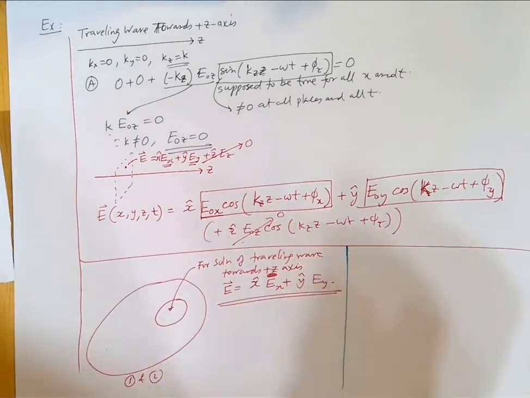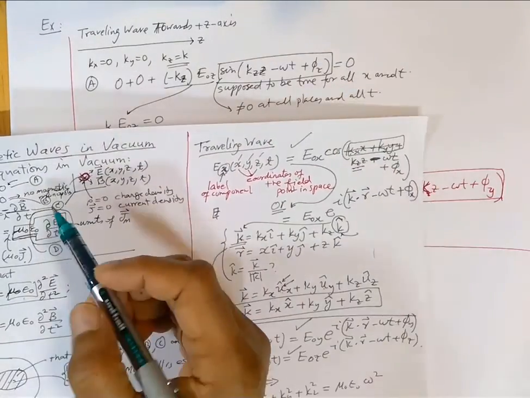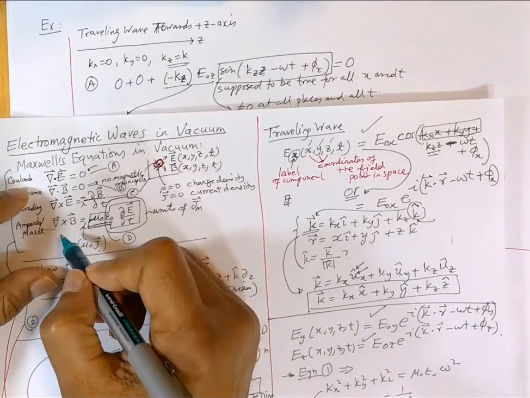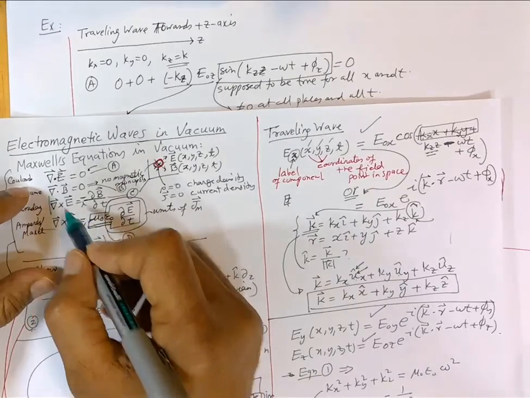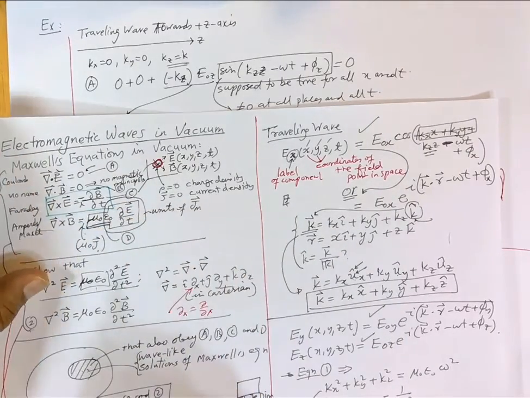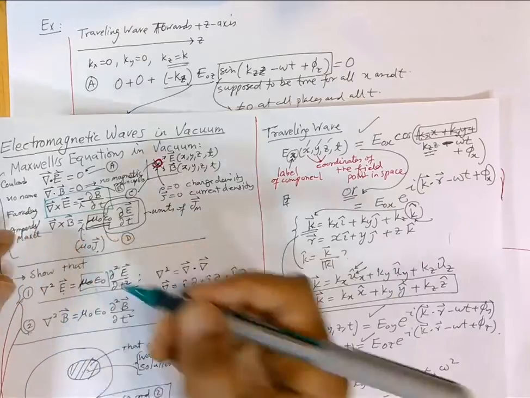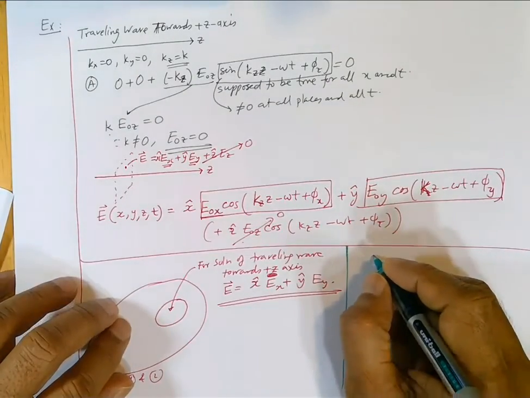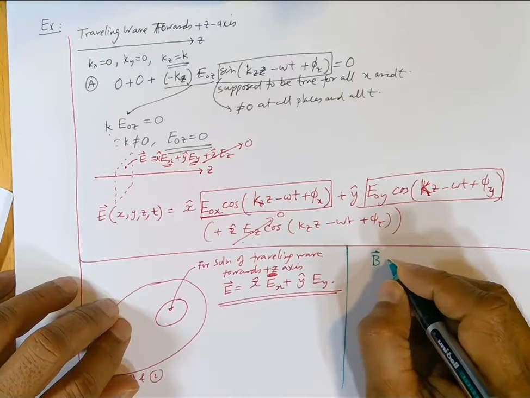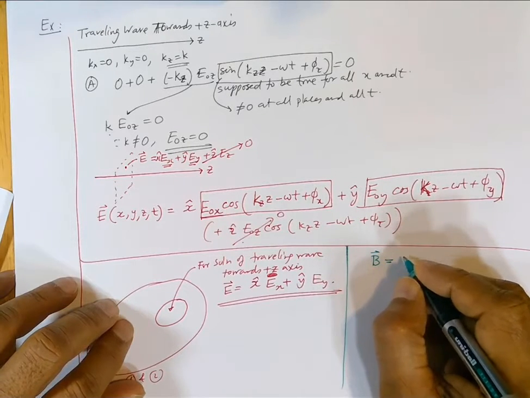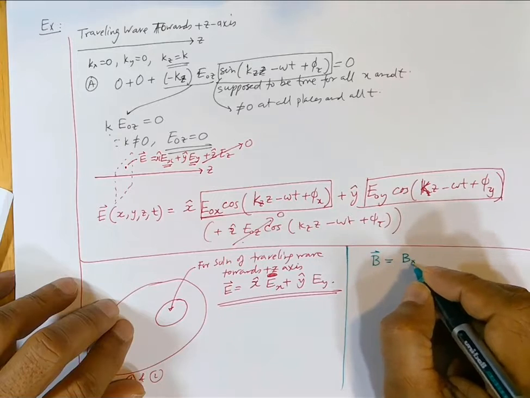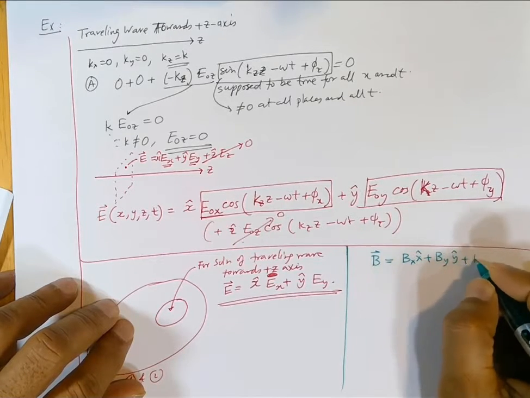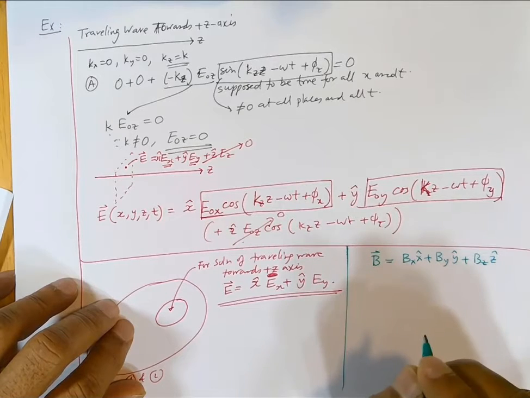Now, if you know the electric field x and y component, we can try to see what either of these 2 laws says, like the Faraday law. So if B, you can have Bx x hat plus By y hat plus Bz z hat.